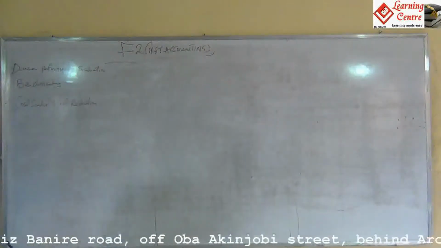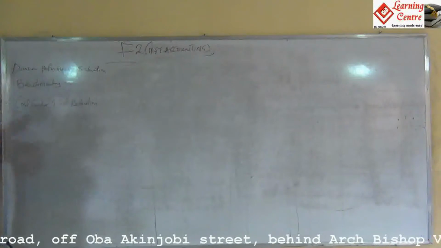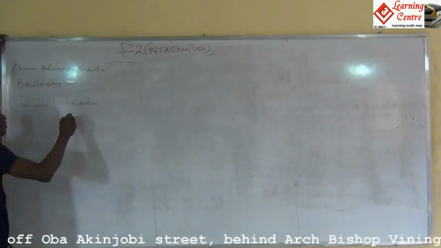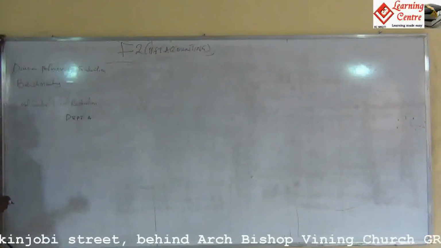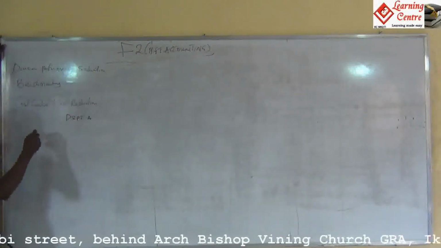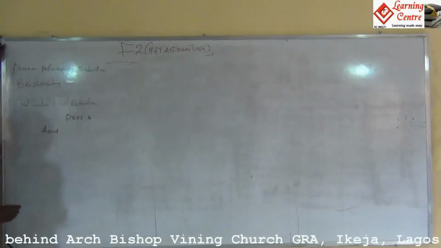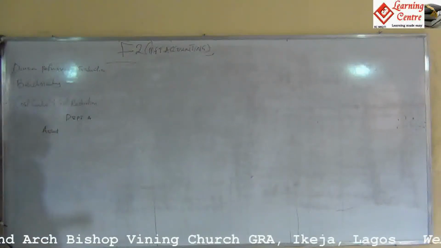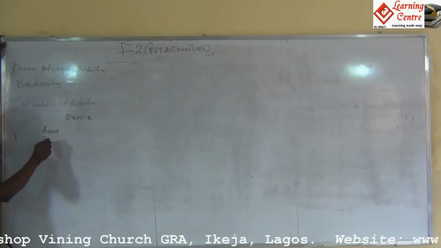Now, I have two departments. We have department A. Department A has assets after depreciation in year 1 to be $50,000.